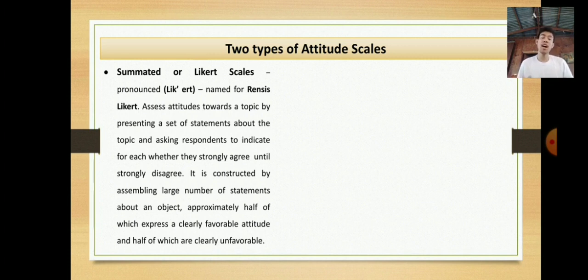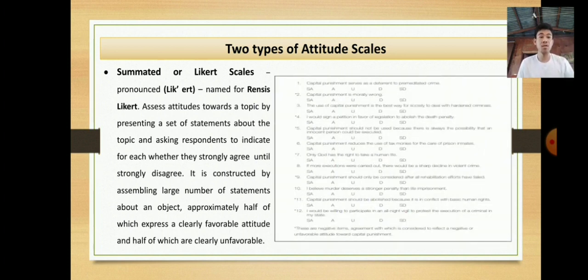Ano ba nga ba yung favorable attitude and unfavorable attitude? Isasabihin natin mamaya. As we can see here, maliit siya. Meron tayong example dito ng summated or Likert scale. Sabi dito sa number 1, capital punishment serves as a deterrent of premeditated crime.